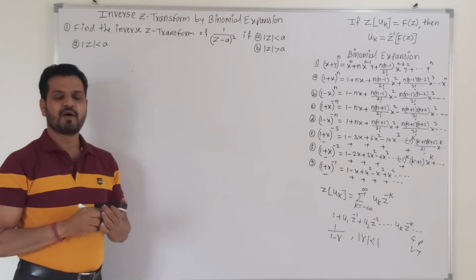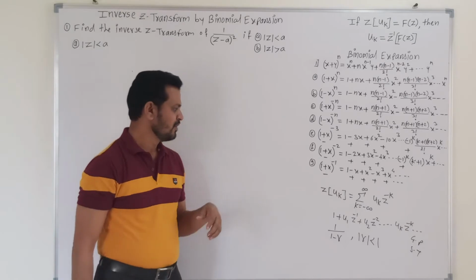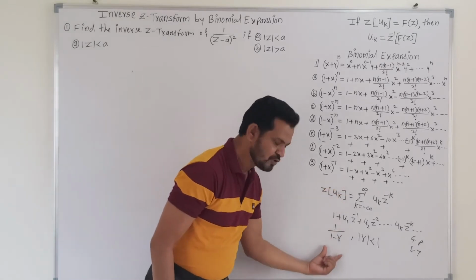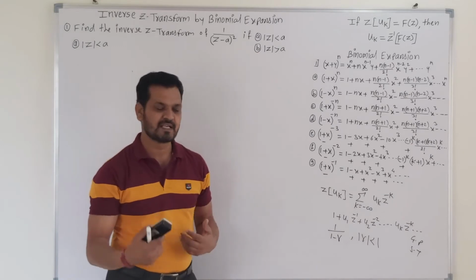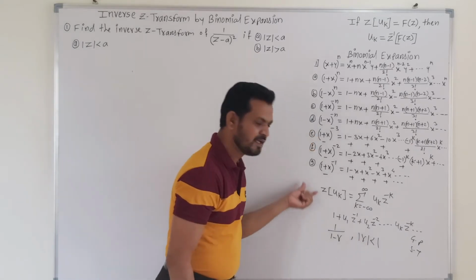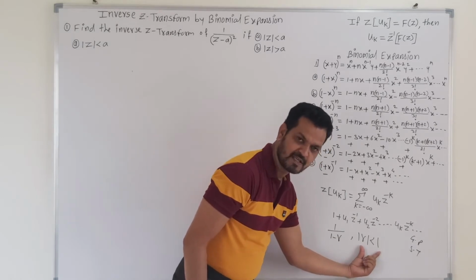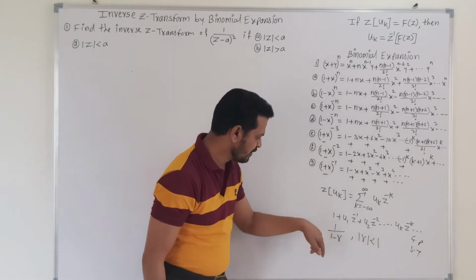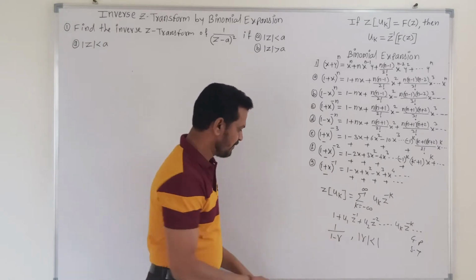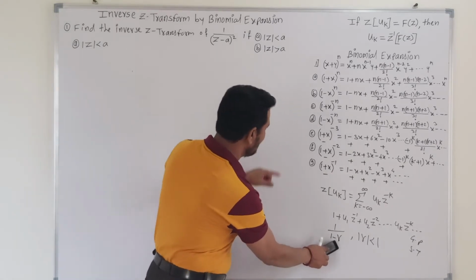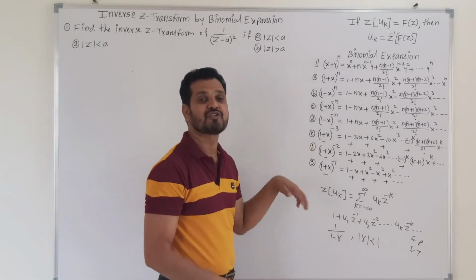So now friends, when we are solving any example based on inverse Z transformation, this is the way to solve it: exactly do the reverse steps. So first find out the region of convergence. Based on the region of convergence, find out the sum of the function. To find the sum of the function, try to convert the given example into this binomial expansion form or standard form.